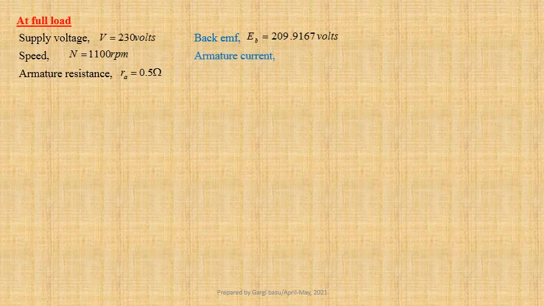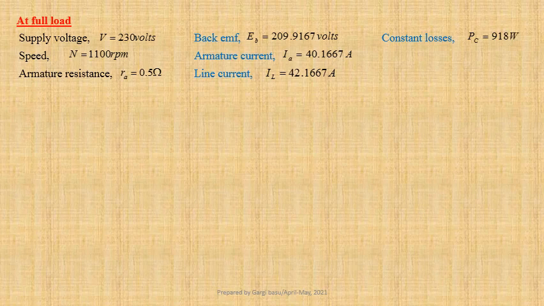Armature current IA equals 40.1667 ampere. Line current IL equals 42.1667 ampere. Constant losses PC equals 918 watts. Iron and friction losses PFR equals 458 watts.